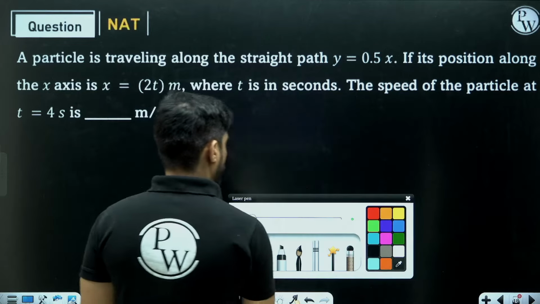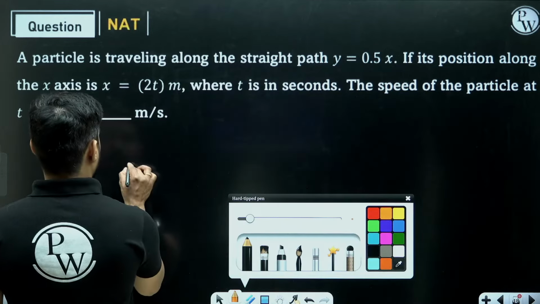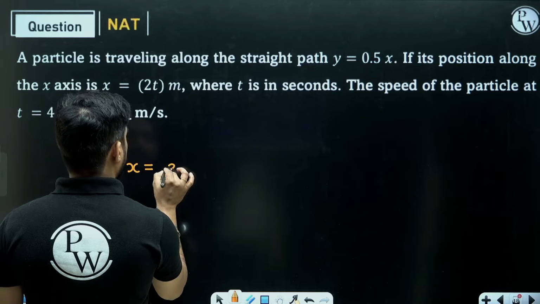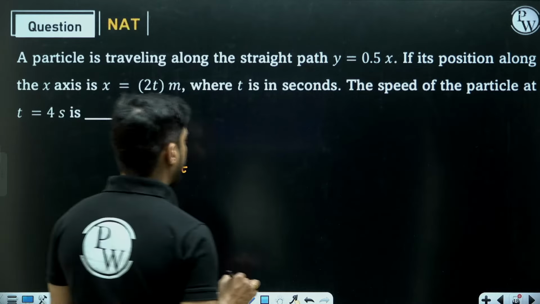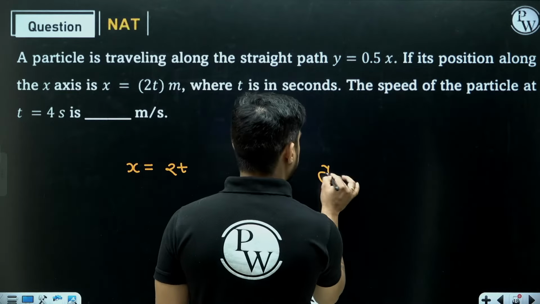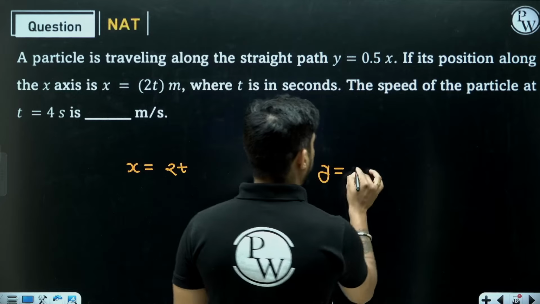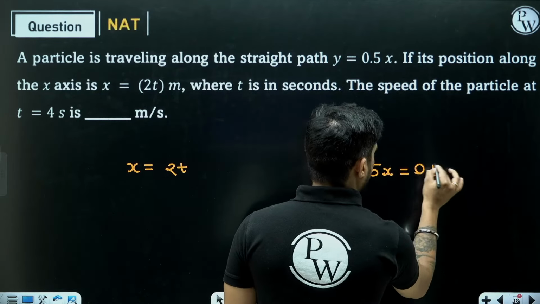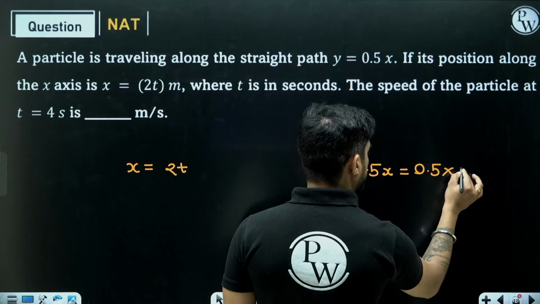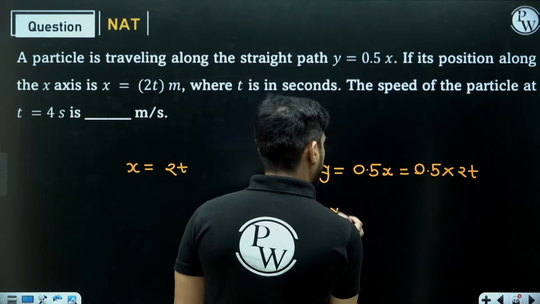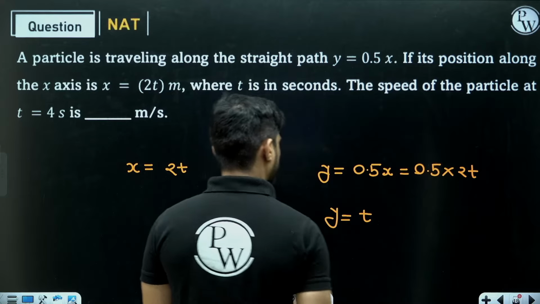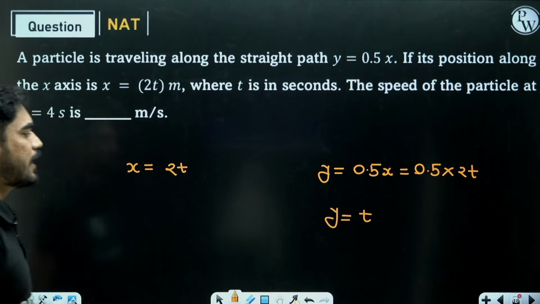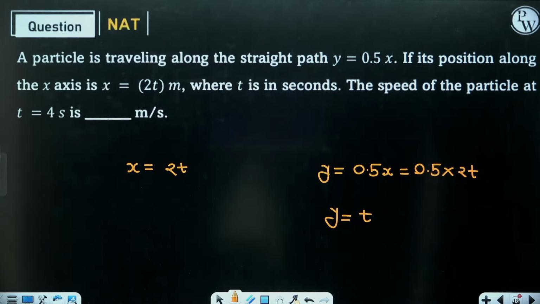Okay, so here we have the equation of x, x equals to 2t. How will you find the equation of y? Understand, y is 0.5x, na? So if I put the value of x in terms of t, I will also get y. So x is equal to 2t and y is equal to t.